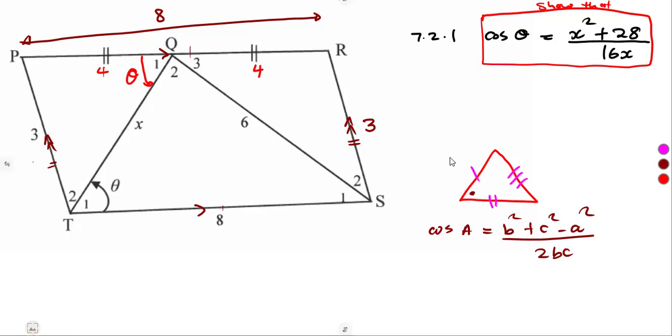So you'll be given B and C, and this is your A. So this is the angle A, all sides. So this triangle is limited. All sides must be given.